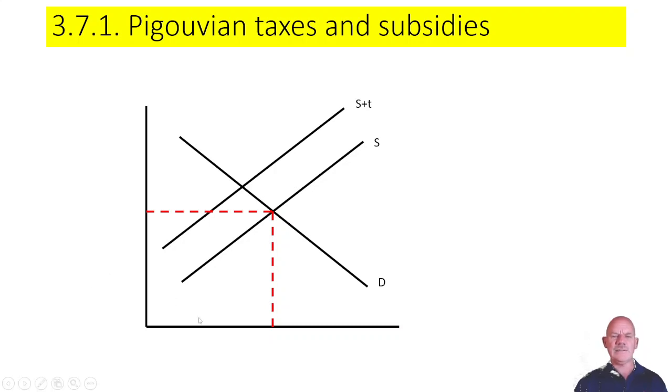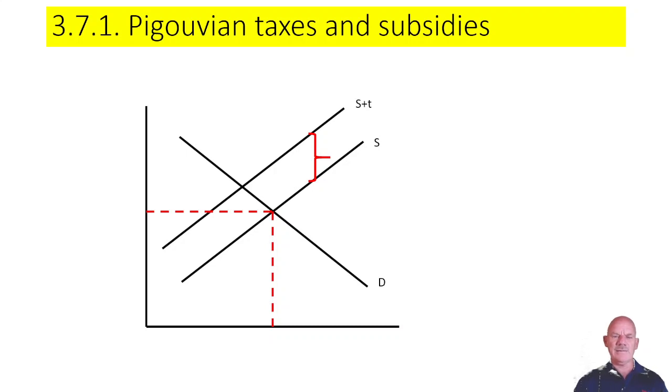At each quantity on the horizontal axis, the cost will be higher, so the curve shifts up by amount small t. So the difference between the two curves is the size of the tax per unit, namely small t in this case. So we will move to a new equilibrium with the tax.